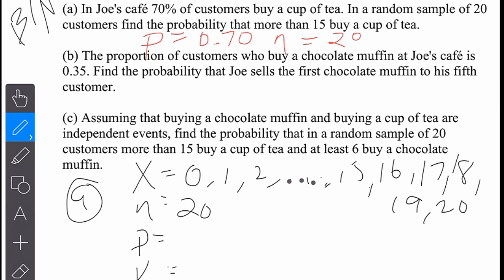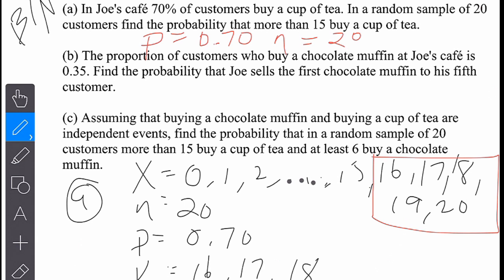So all of these, starting at 16, I have to calculate the probability for each of those, right? Because it says that more than 15 buy a cup of tea. So p is the given 70%. And k is what I'm interested in, right? 16, 17, 18, 19, and 20.